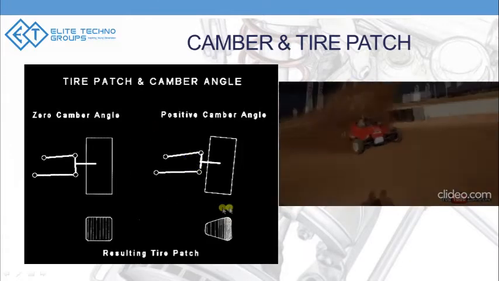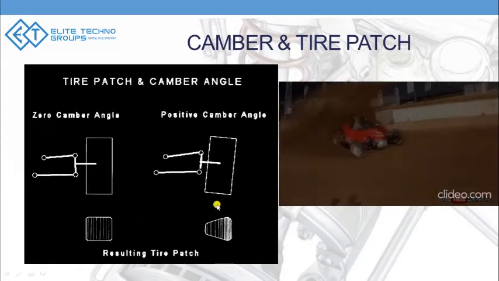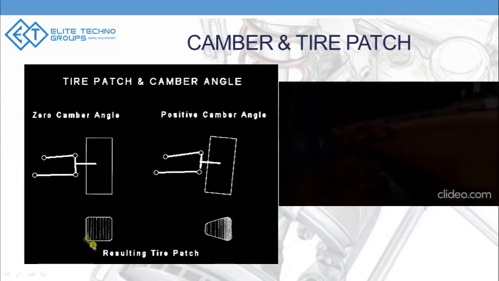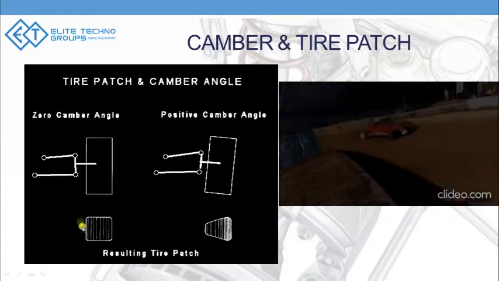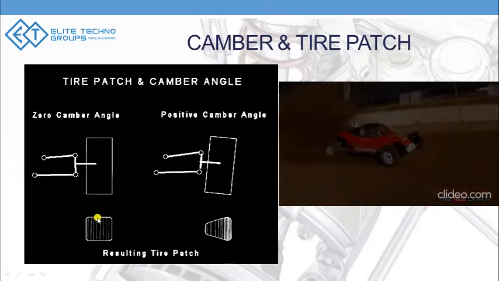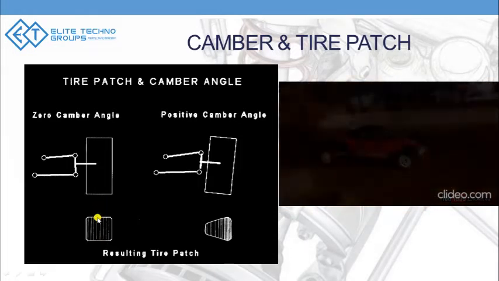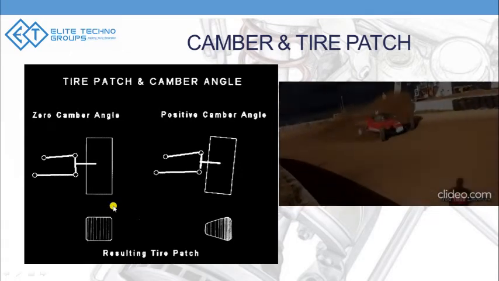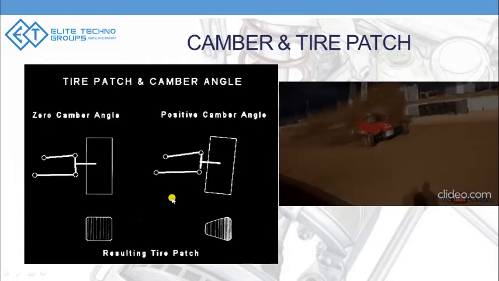But essentially the main purpose of camber is to maintain the maximum road contact patch in a situation in which the car is more vulnerable. Depending on what type of vehicle you're building, the most vulnerable situation changes from one type of car to another.